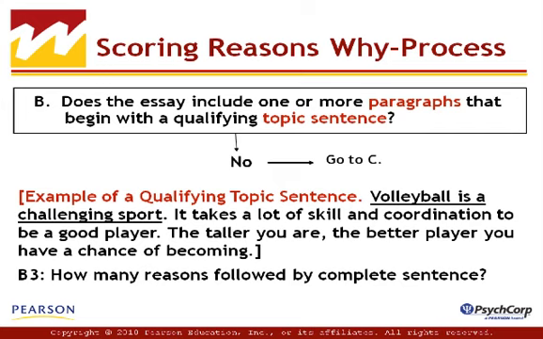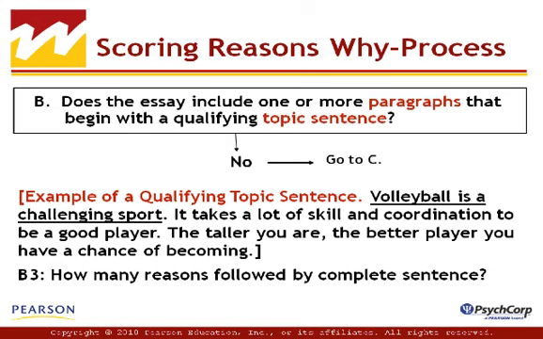For example, on this one, volleyball is a challenging sport. That summarizes everything else. It takes a lot of skill, coordination. The taller you are, the better player you have of becoming. In this particular case, here is a paragraph, and there's a qualifying topic sentence, and this would be identified as a reason based on criterion B.